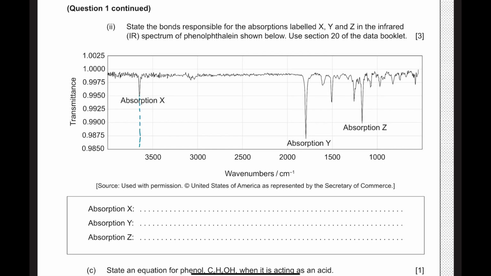So it is above 3500. Above 3500, there are two possibilities: either it's an alcohol or it's a primary amine. In phenolphthalein, you don't have NH, so this one has to be from the OH group. OH groups present in phenolphthalein.